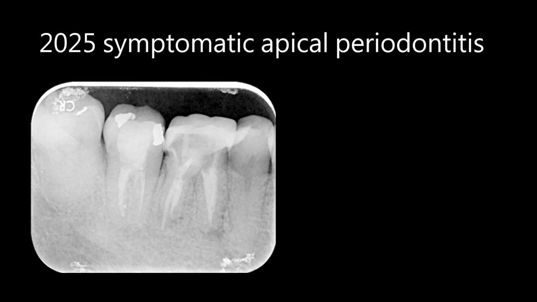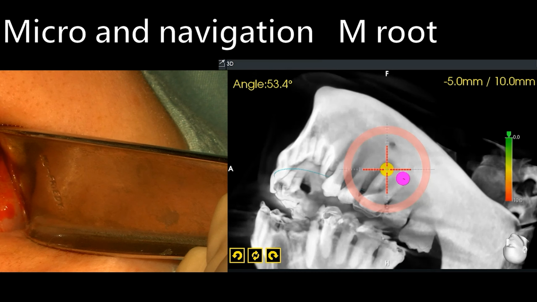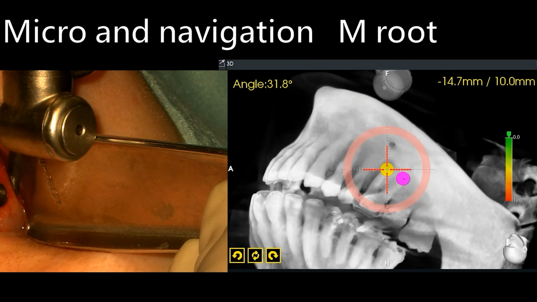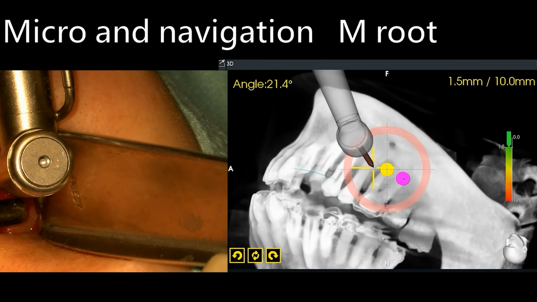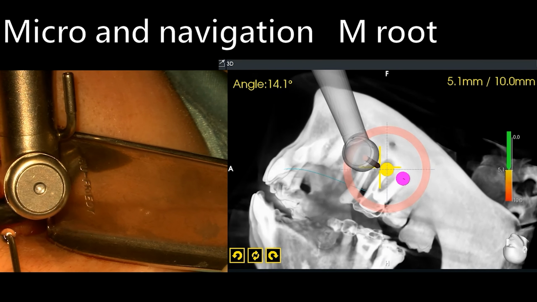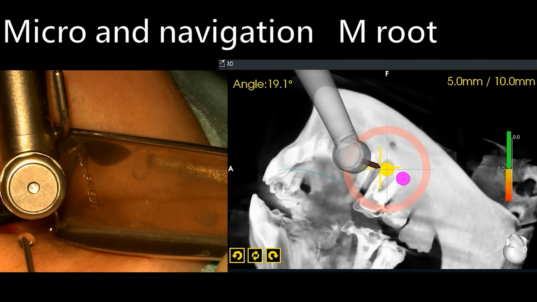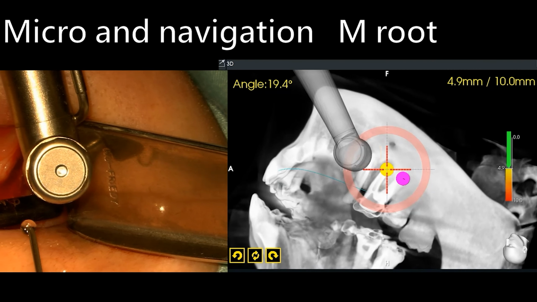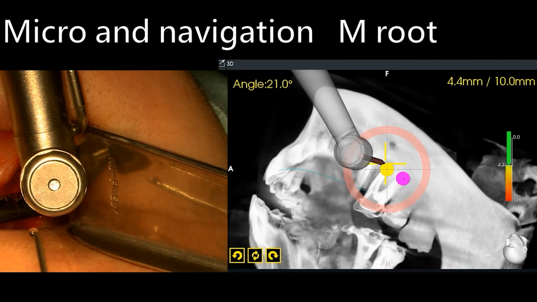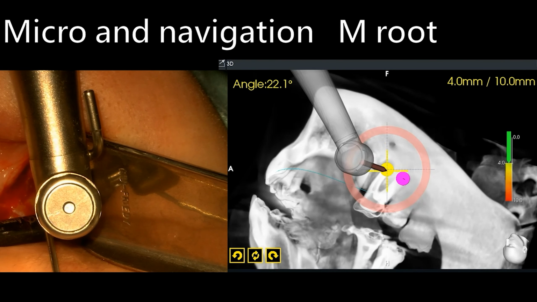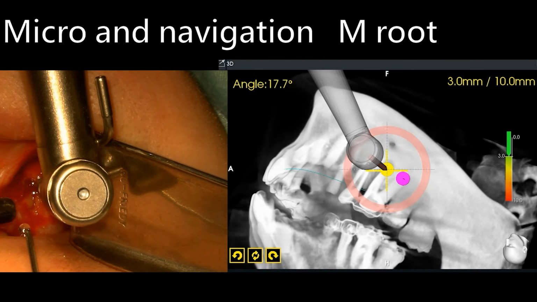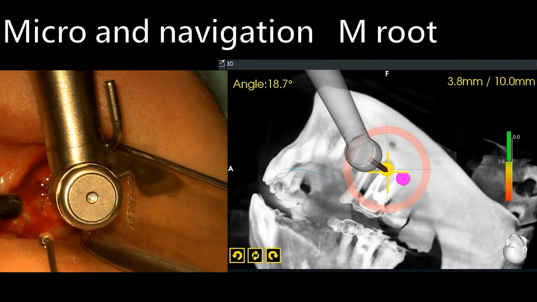We checked the probing and the CT, and we don't think it's a vertical root fracture. So to do the surgery, in one way we try to make sure whether there is a vertical root fracture. That's called exploratory surgery. But at the same time, if there is no vertical root fracture, we do the apical surgery.